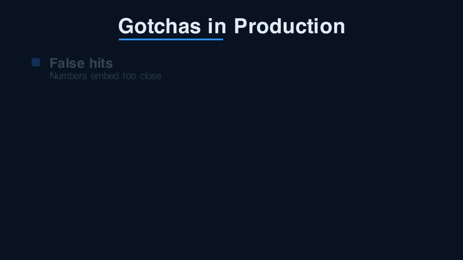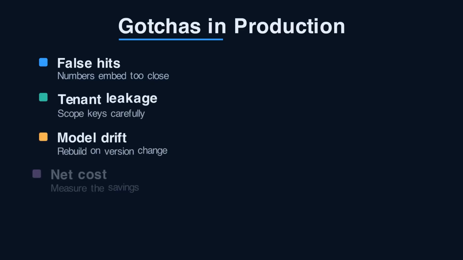Now the traps. First, false hits. Two prompts can sit just above your threshold yet expect different answers, like asking for revenue in 2023 versus 2024. Numbers and named entities embed very closely, so consider extracting them and matching exactly. Second, cross-tenant leakage. If your key scope is sloppy, one customer's cached answer leaks to another.